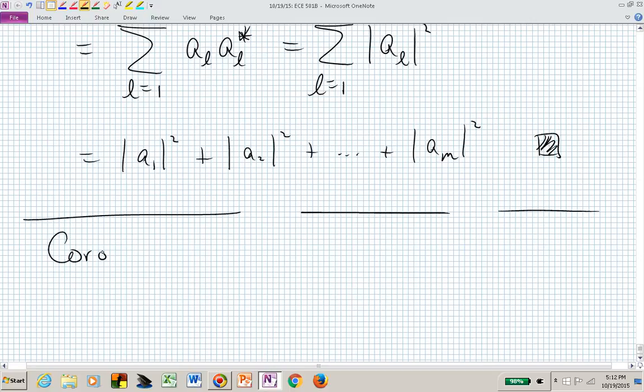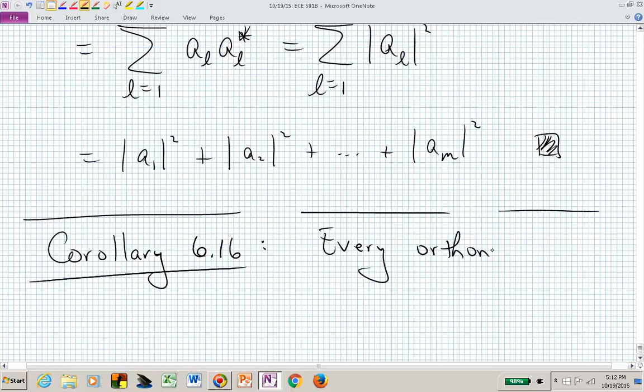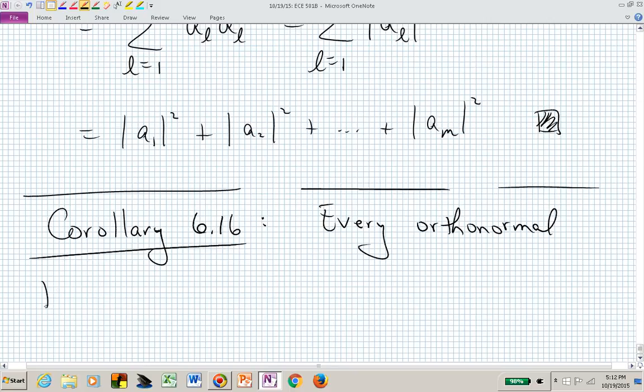Let's look at a corollary, which is corollary 616, which says the following: every orthonormal list of vectors is linearly independent.